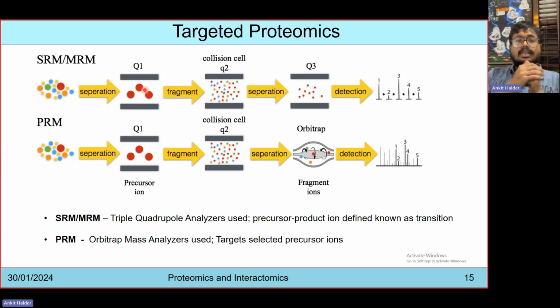Then, if it gets fragmented, what is its product. So we define the precursor and that product ion and ask the instrument to monitor only that precursor-product ion pair, which is known as the transition. This gives us an idea that this particular peptide or protein is present in that particular sample.